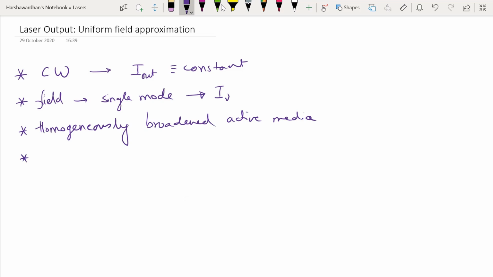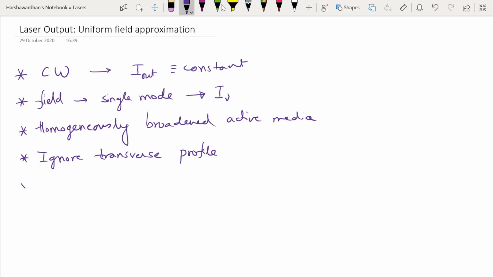The next approximation is that we will ignore the transverse variation of the field, like the Gaussian beam profile and so on. I am not going to worry about the transverse profile, but indeed that is a matter we need to worry about and also probably control by using appropriate cavity mirrors, avoiding diffraction and so on. But we are going to ignore it at the moment.